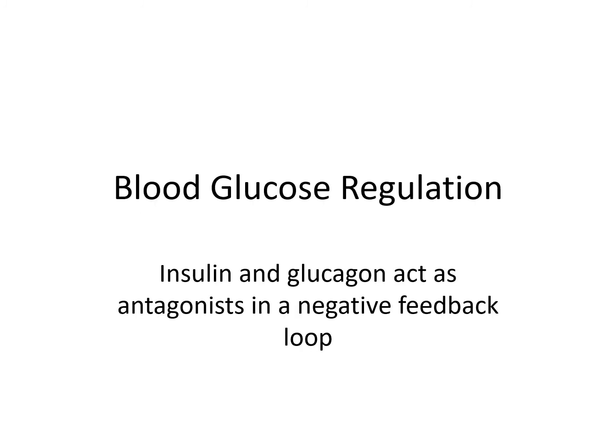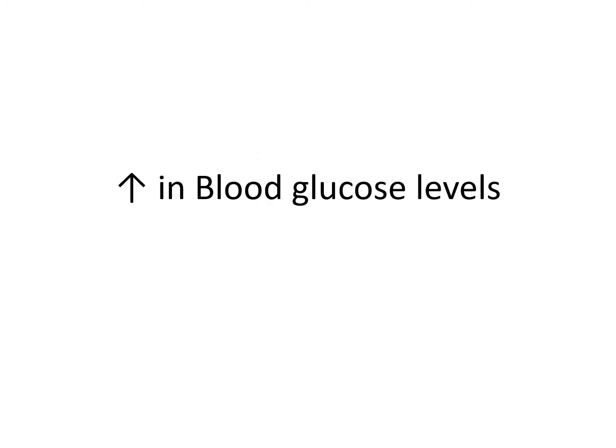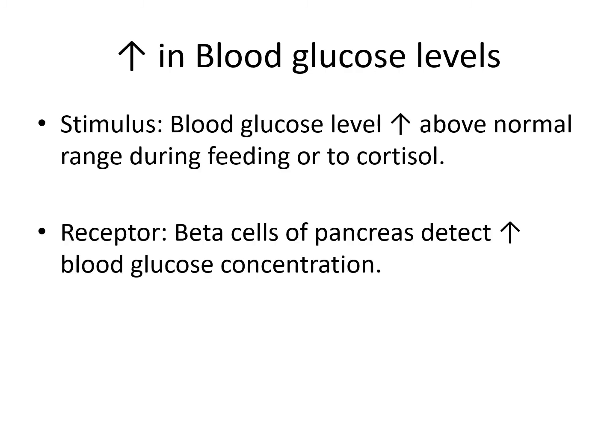Now, if you notice, blood glucose regulation is antagonistic, a negative feedback loop between insulin and glucagon. Both insulin and glucagon are secreted during feeding to maintain blood glucose homeostasis. So what happens when there's an increase in blood glucose levels? An increase in blood glucose levels above the normal range occurs during feeding.